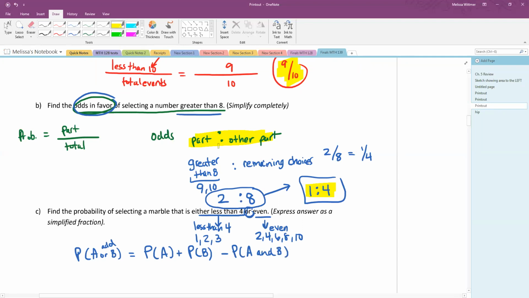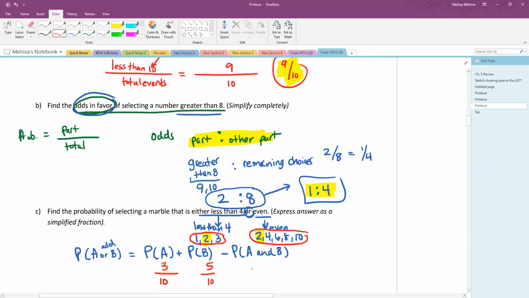If you look at these events that I wrote out, I do have the number 2 in both of these totals. So if I total up, how many ways can I get a number less than 4? There are 3 ways out of 10 total.